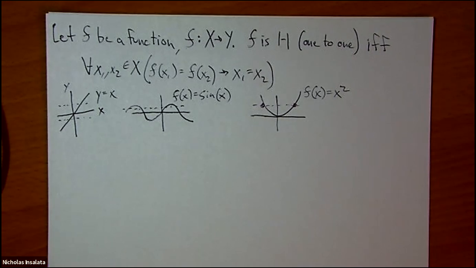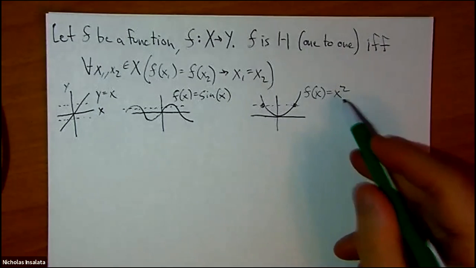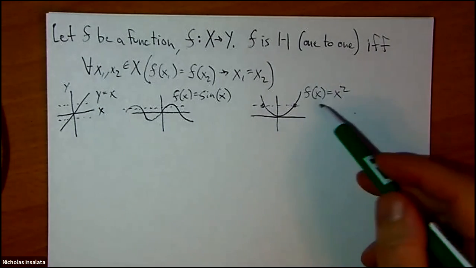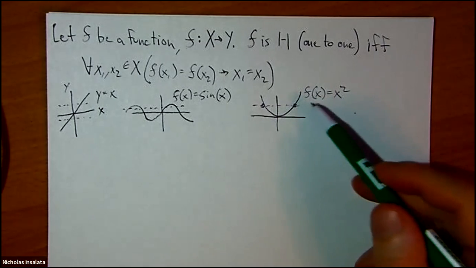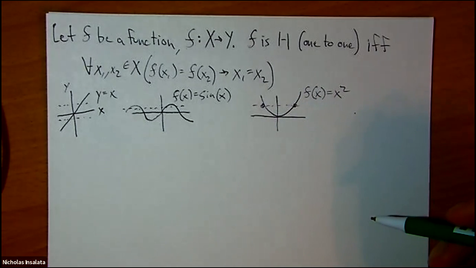Sure. Yeah. And just to make it a little bit easier, let's do the same thing for x squared, right? If I am considering the function x squared, how can I make this function one-to-one? So you could change the domain to just have positive x's. Yeah, exactly. Right.